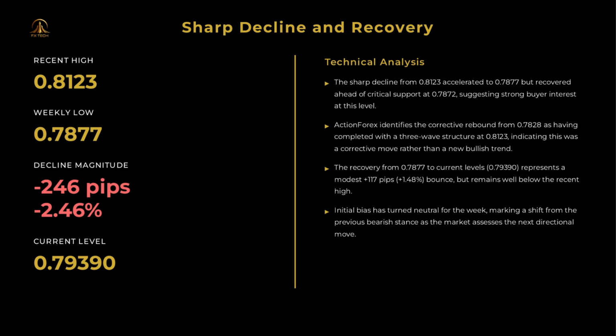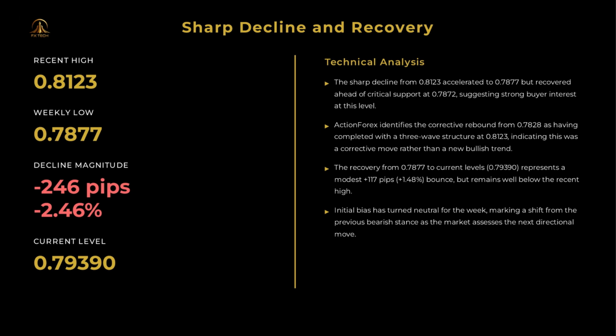The pair experienced a dramatic 246 pip decline from the recent high of 0.8123 to a weekly low of 0.7877. Representing a 2.46% drop. However, the market recovered ahead of critical support at 0.7872, suggesting strong buyer interest at this level.